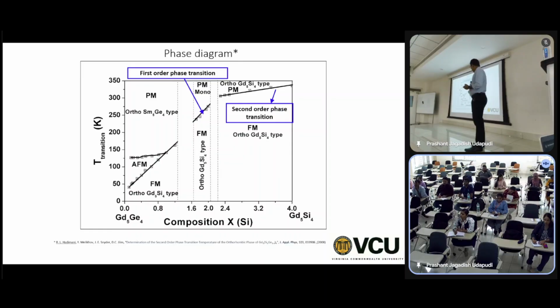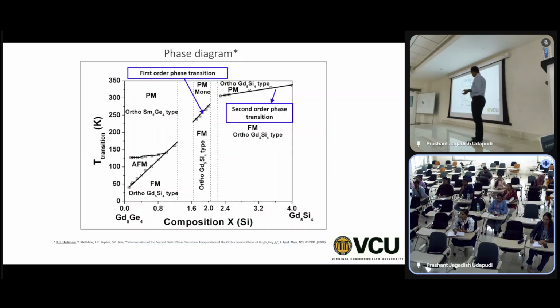So if you start to add silicon here, and then completely replace germanium with silicon, you get a higher transition temperature, which is close to 350 Kelvin, which is about 60 to 80 degrees centigrade, right? So as we replace germanium with silicon, we are increasing the magnetic transition temperature.